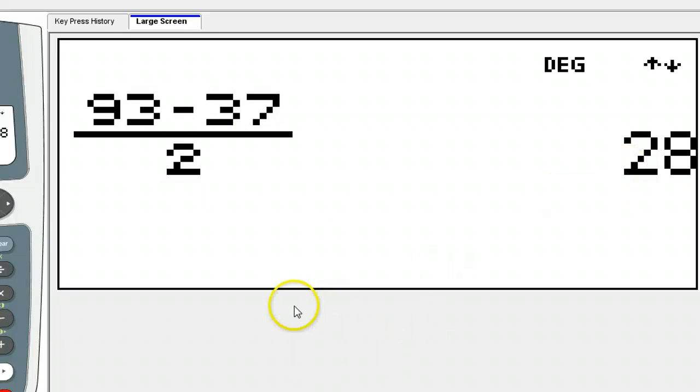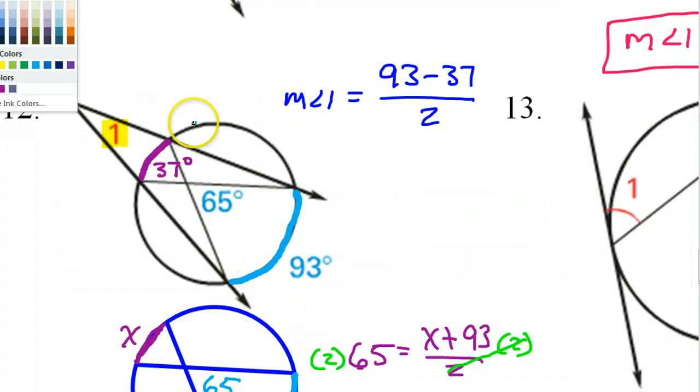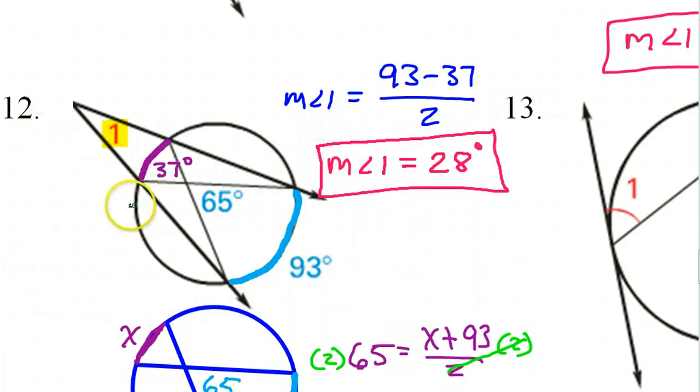That's 28 degrees. So the measure of angle 1 is 28 degrees, and that is the answer to number 12.